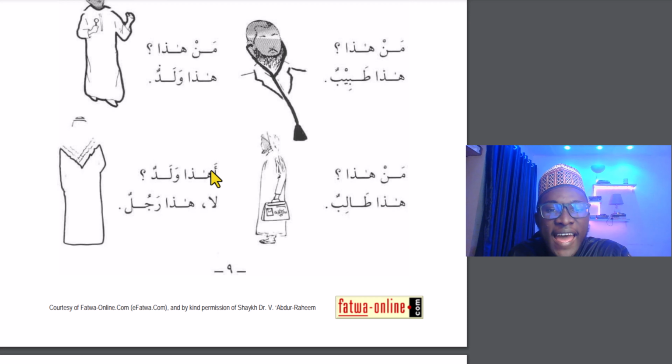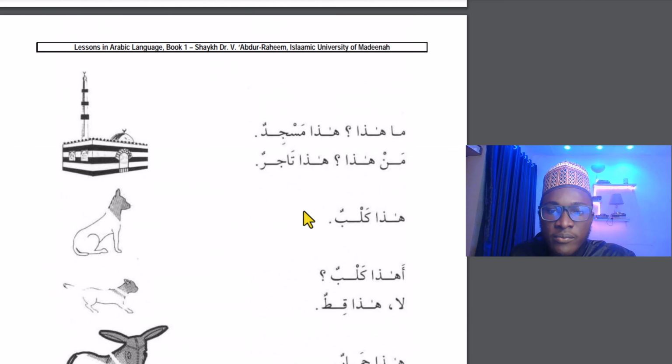Now he said ahadha waladun, is this a boy? He is talking about this image. Now he responded and he said la, no. Hadha rajulun, this is a man. As we can see, this is not an image of a boy, this is a man.